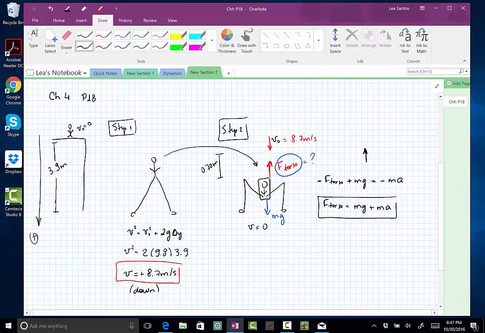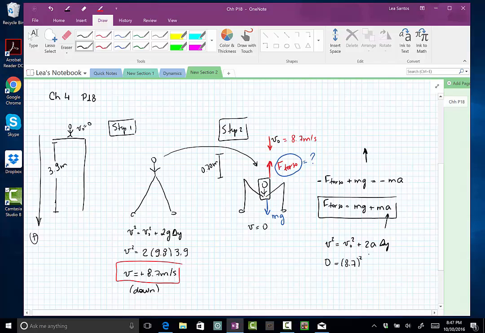Now, to be able to give a final number, I need to know what this acceleration is, right? And how am I going to solve that? Again, I can use the same equation from chapter 2, v squared equals v naught squared plus 2a delta y. The final velocity is going to be 0. I'm going to stop. The initial one is that 9.7 squared.